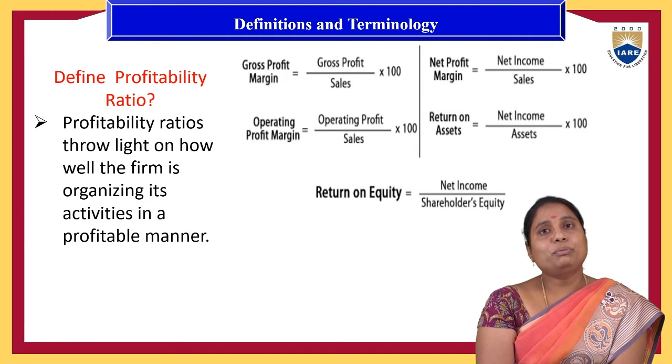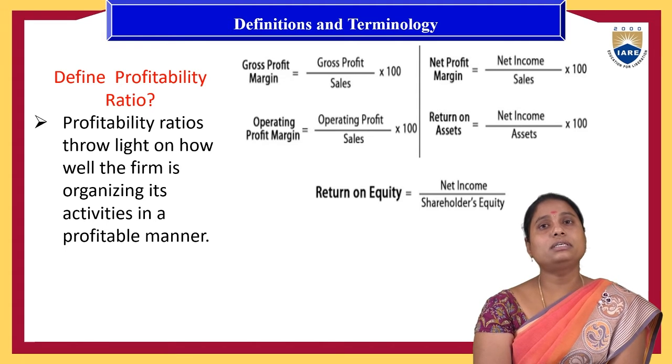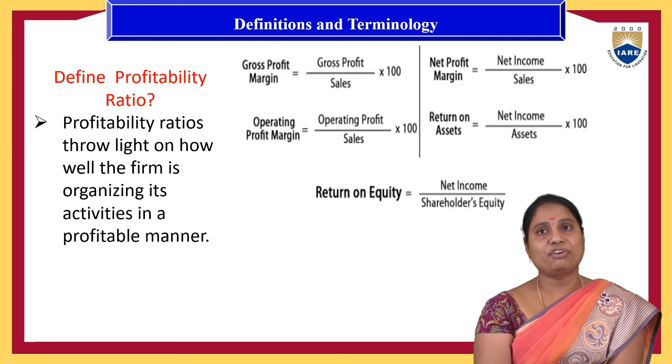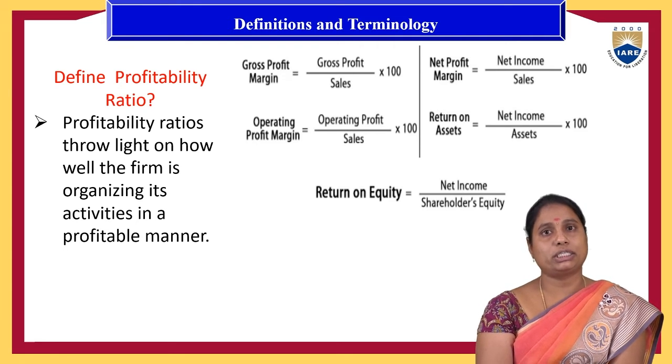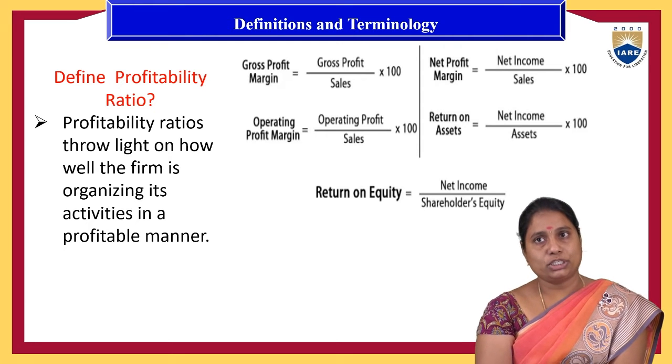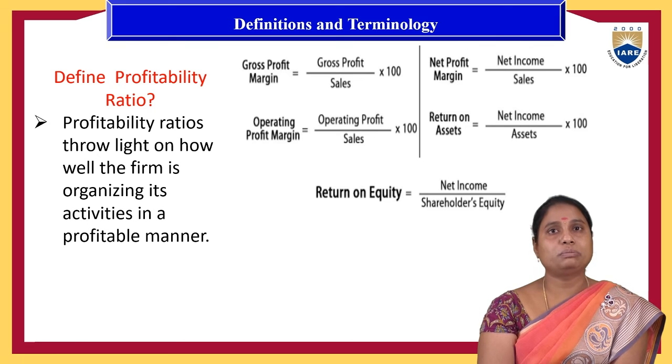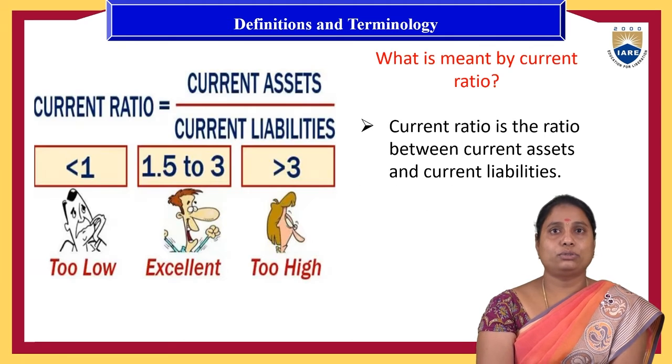Here, profitability ratios give the analysis of how well the firm has organized its activities in a profitable manner. That is gross profit margin ratio, net profit margin ratio, operating profit margin ratio, return on assets ratio, and return on equity ratio. All of these come under profitability ratios.